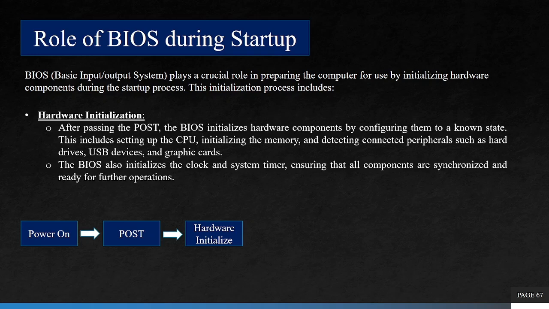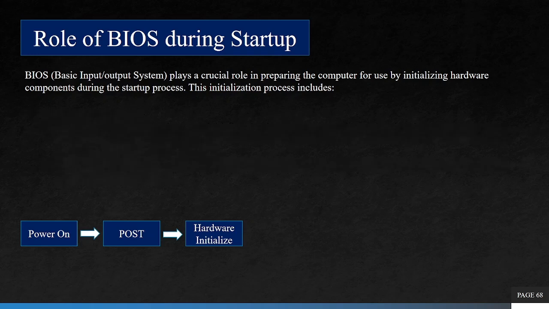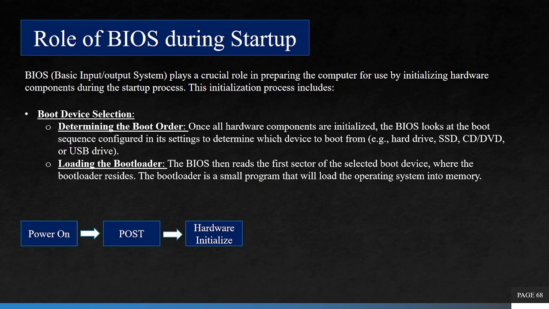Once it initializes everything, and yes, all the things are connected and proper, then it will select the boot device. In the boot device selection, it will select your CD, DVD, hard disk, whatsoever. And once the boot device is selected, it will initiate the bootloader.